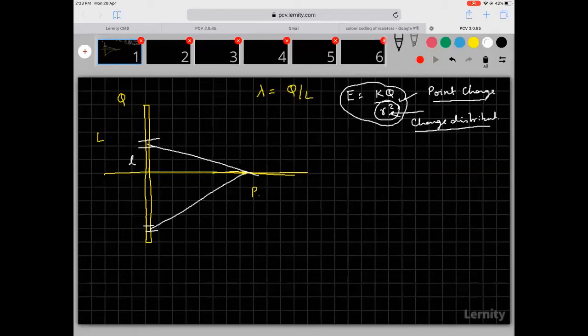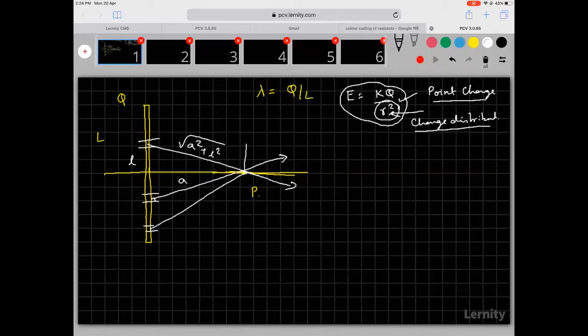So let this be equal to some small L. Now this is suppose some A. So this is root over of A squared plus L squared, Pythagoras theorem. Now the electric field here, assume this is all positive charge, it will push it like this. Now for this, I'm sure I will find another identical point which will have an electric field in this direction.